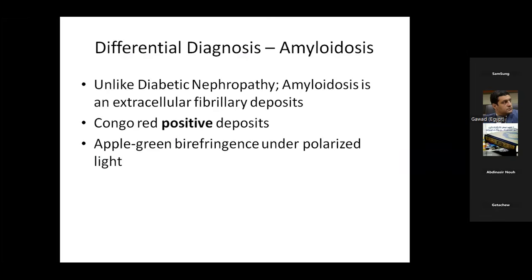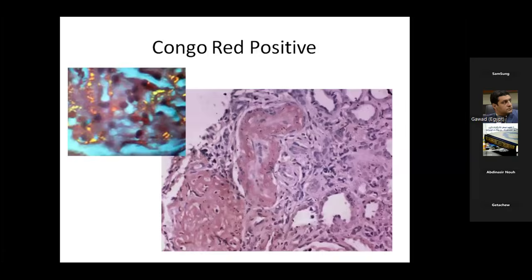So unlike diabetic nephropathy, amyloidosis is an extracellular fibrillary deposit, as we have seen, and Congo red, as we have said, it's PAS negative but Congo red positive. Congo red is another routine stain in nephropathology, and amyloidosis is the famous Congo red positive and PAS negative deposit that gives the apple green birefringence under polarized light.